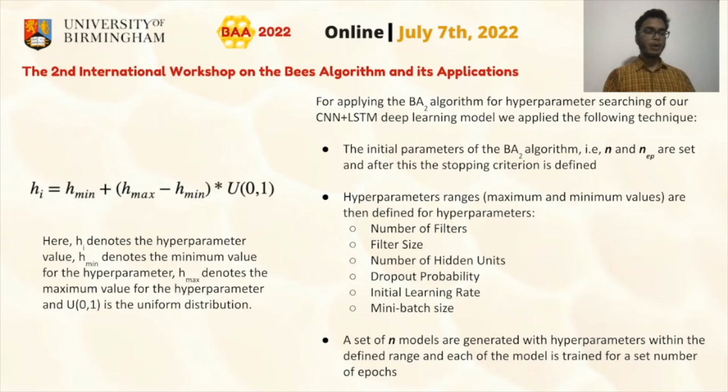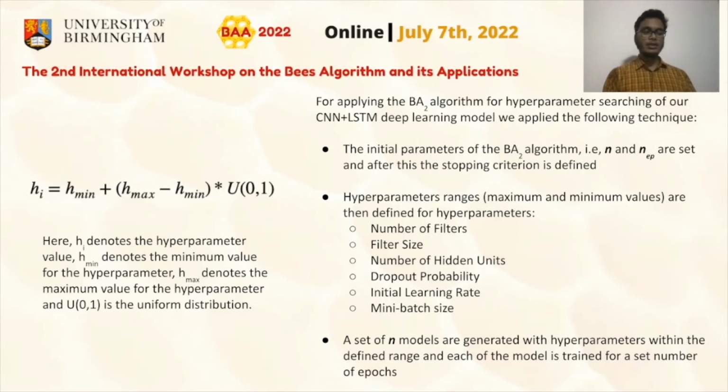In our deep learning model, there were 6 hyperparameters, namely number of filters, filter size, number of hidden units, dropout probability, initial learning rate, and mini batch size. We set the maximum and minimum values of these hyperparameters and generate them through a uniform distribution.